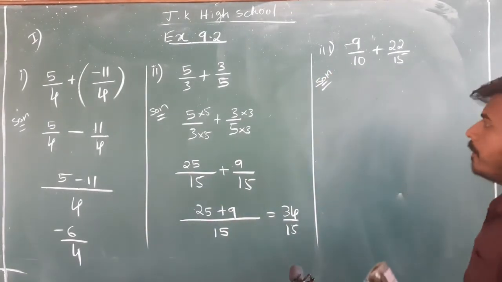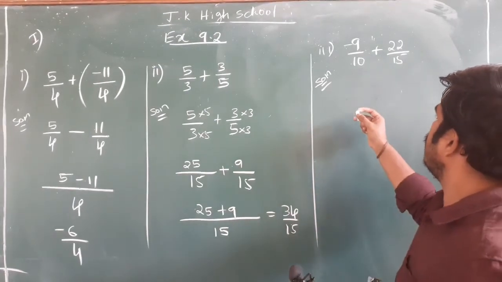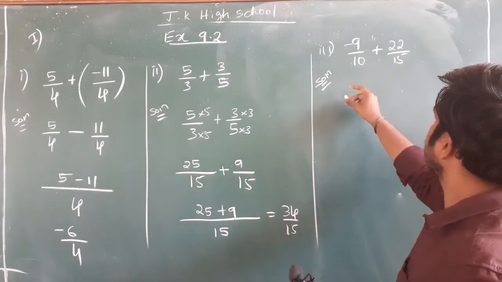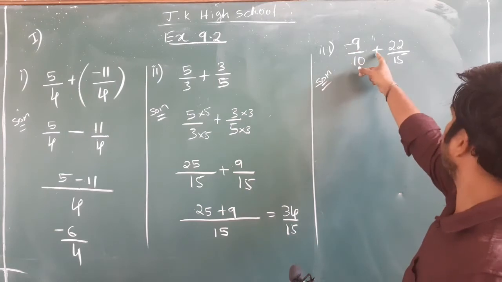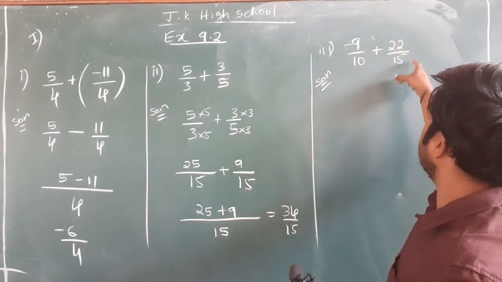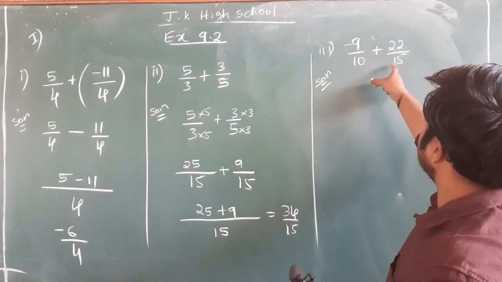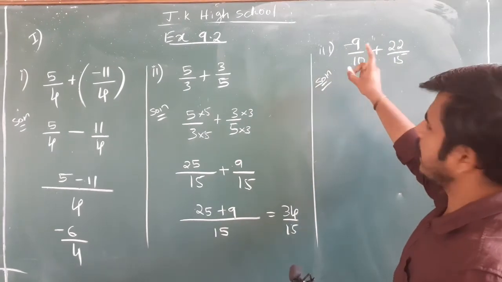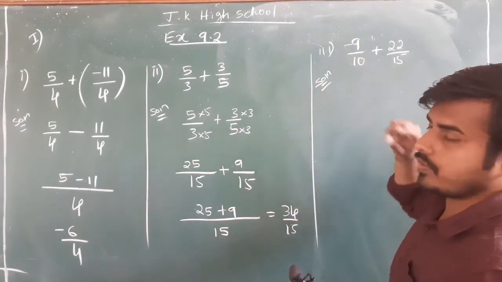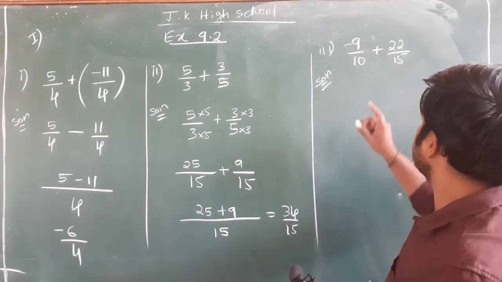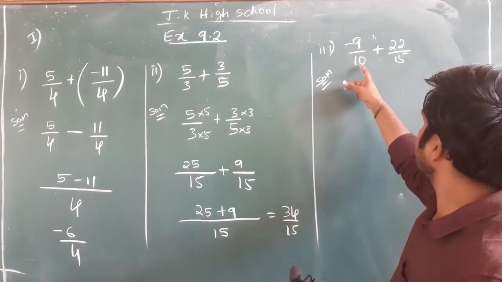Solution. One is a negative rational number, another one is a positive rational number. Plus 22 by 15 is positive, and minus 9 by 10 is a negative rational number. So subtraction will take place, and for subtraction we must have the same denominator.